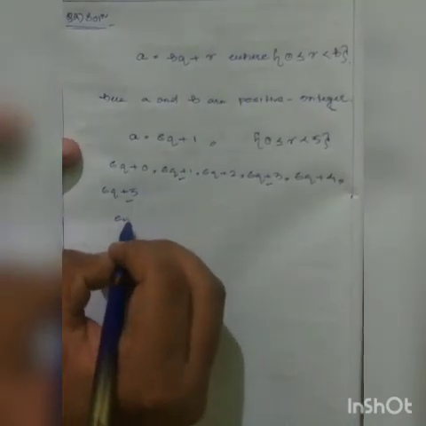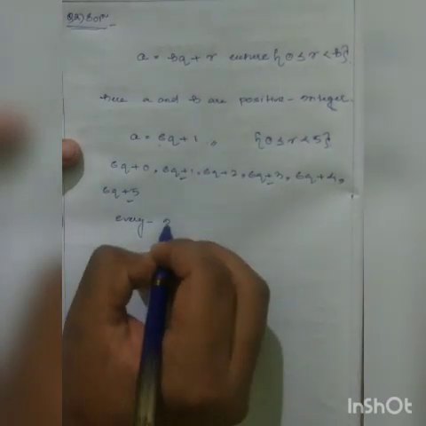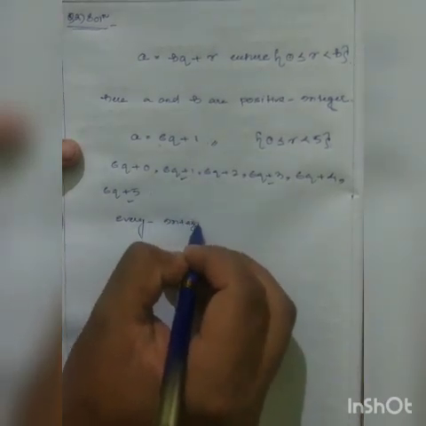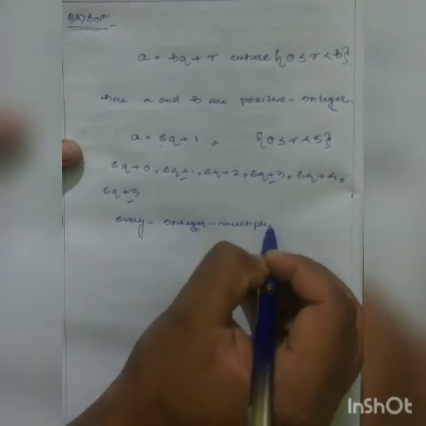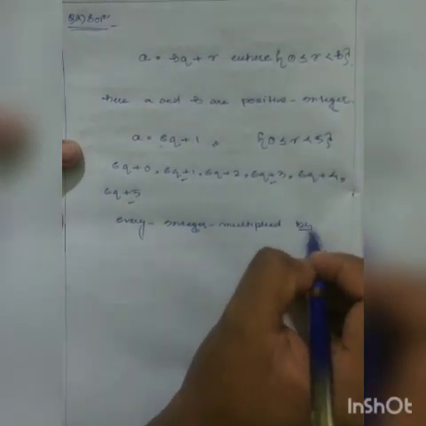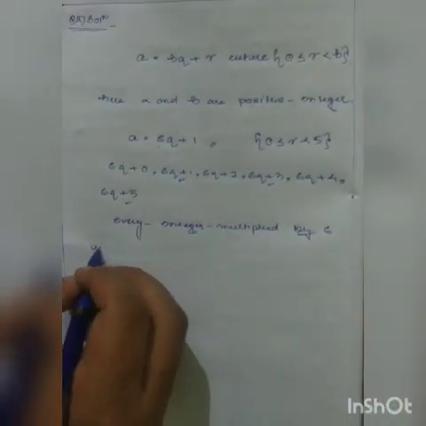So we know that every integer multiplied by 6 is an even number.